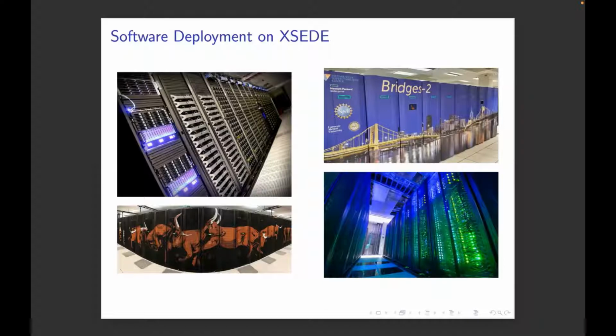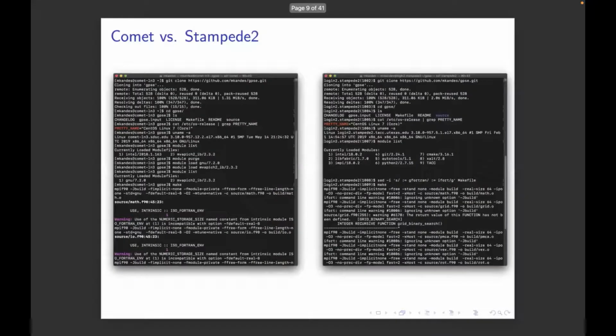But once you get the software to the system, each system is a little unique, and how you compile it and the different compilers that are available are all different, right? Some systems may even have different operating systems, and so it's a bit of a challenge when you first get started. It's easy to get your code there, but then you have to compile it and run it and get it going, right? And it's a little bit unique on each system, right?